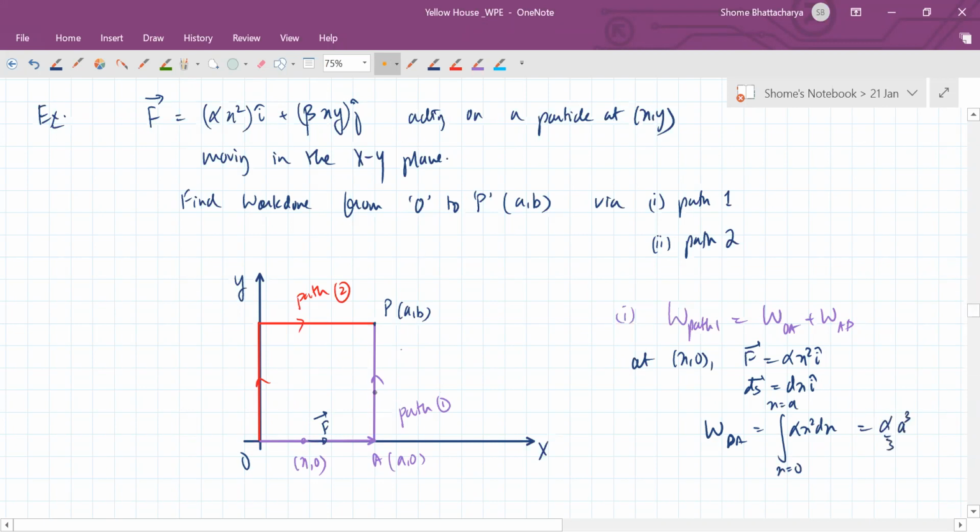Then when you are at this kind of position, the force will have this kind of value.